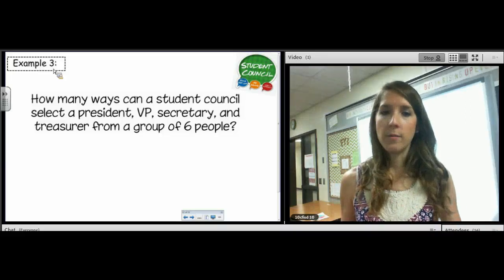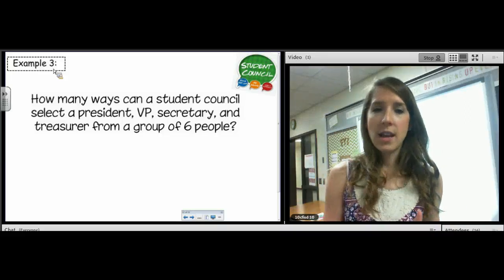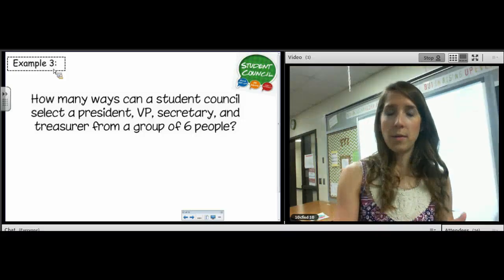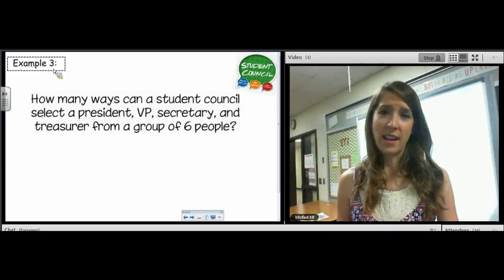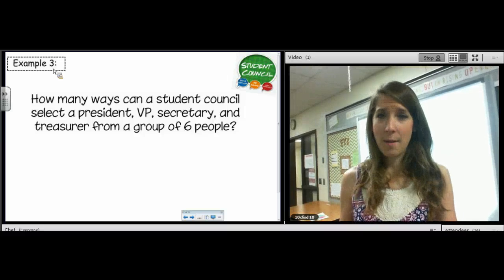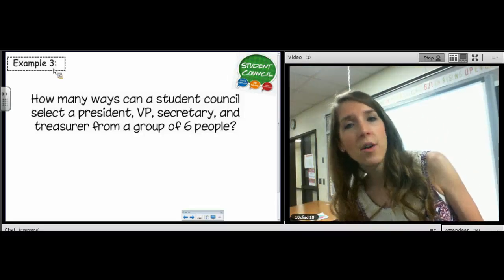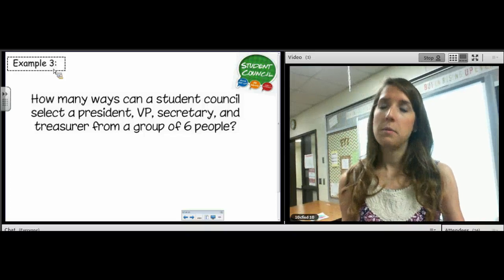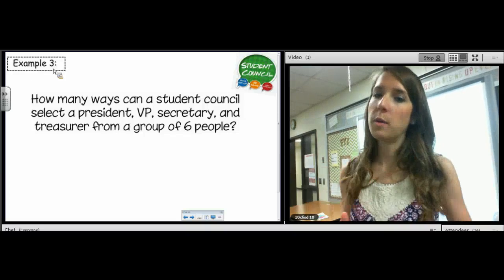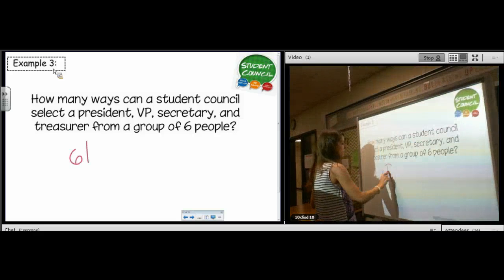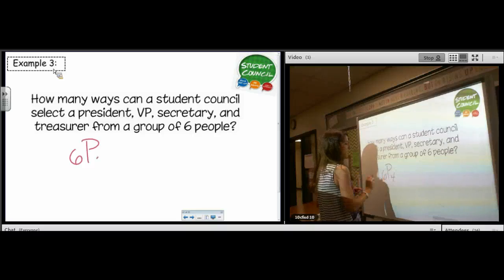If Adriana is the president and Albert's the vice president, is that the same as Albert being the president and Adriana being the vice president? No, that's not the same. So since they have a title, the order does matter. So we would not choose combination, we would choose permutation. So there's 6 people, permutation, we're choosing 4 positions.